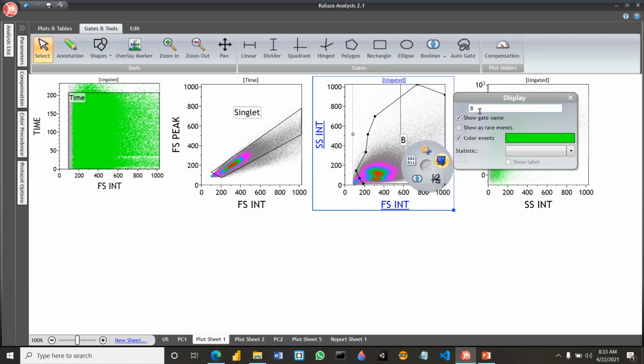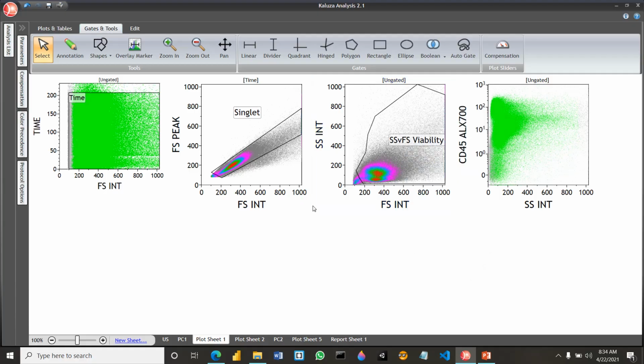We can label it SS versus FS viability gate. One thing I forgot to mention is we have applied the time gate here, but we have to apply the singlet gate here, so that we get rid of most of the doublets. And here we got rid of possibly non-viable cells.